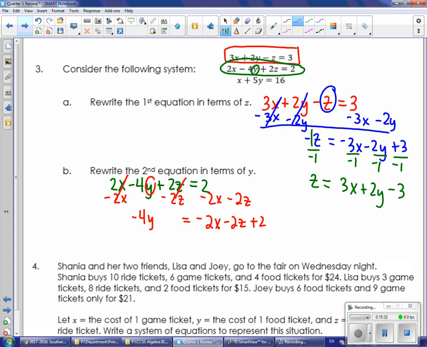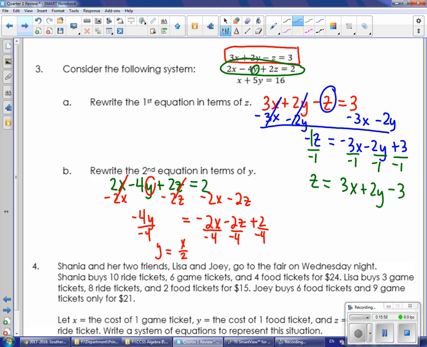And just like I had to divide by negative 1 in the last equation, this time I'm going to divide by negative 4. And when I divide both sides by negative 4, it's the same as distributing that dividing by negative 4 to each term. And so I'm going to be left with y equals, well, negative 2 over 4 is just going to reduce to a positive 1/2, and I can write that as x over 2, or I can write it as 1/2 x. It actually doesn't matter.